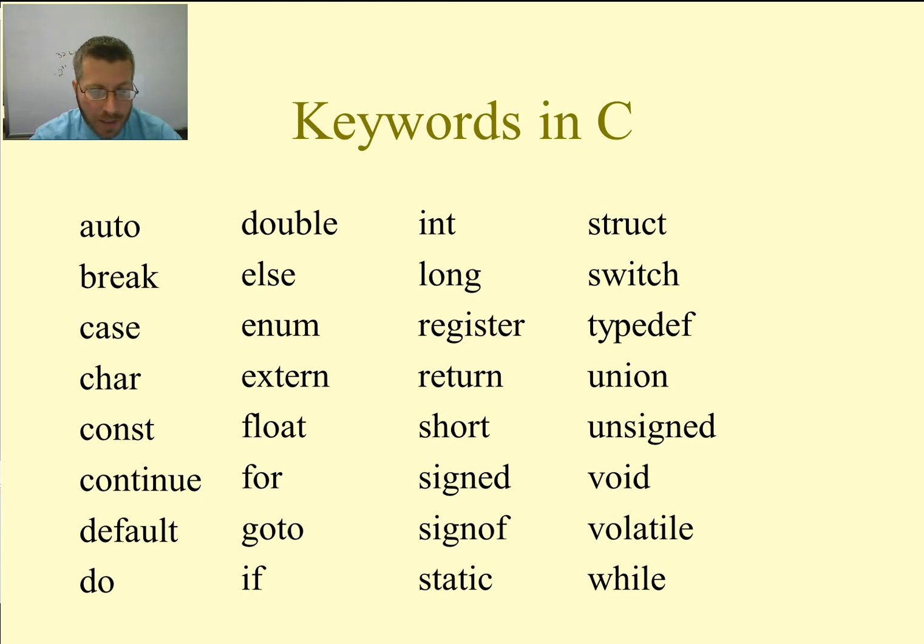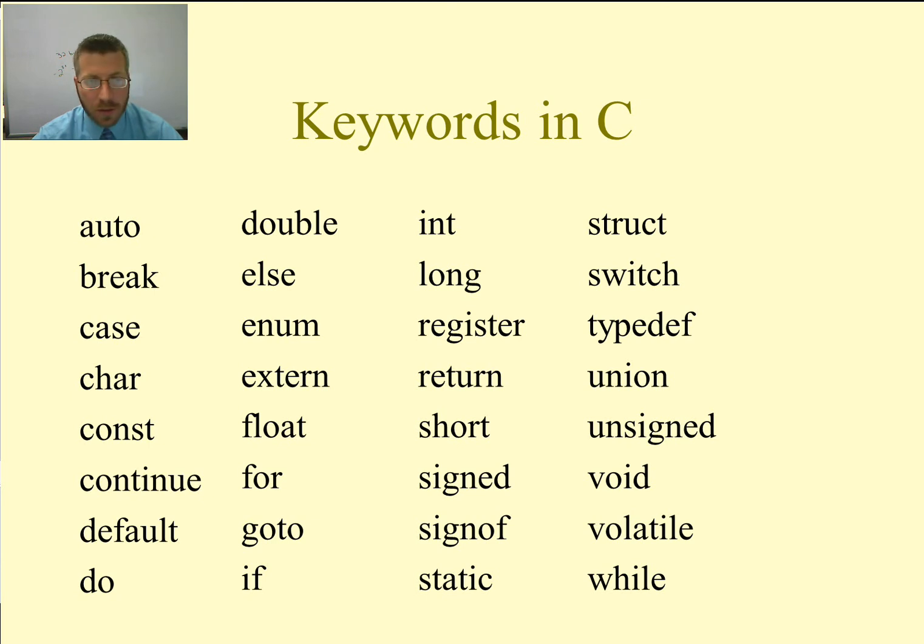The reason that I show you all of these other ones right now: we'll learn what a number of these mean, maybe even what all of them mean by the end of the semester. Don't worry about what they mean right now. The reason I show them to you is because you cannot name variables or name functions any of these keywords. Whenever you type one of these keywords into Visual Studio, it's going to turn bold and turn blue. And that shows you that it's a keyword.